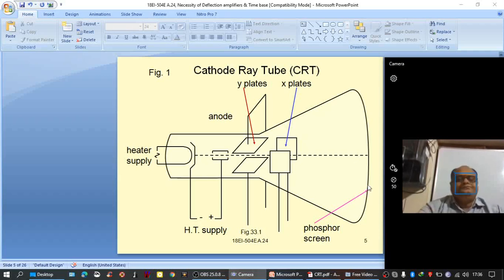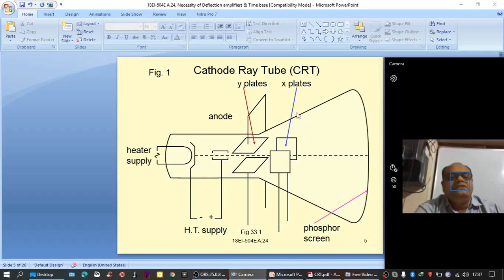That is how we can get a visual display of the applied input signal using deflection amplifiers and time base. Suppose the time base is not there, then the electron beam continuously keeps on moving in the vertical direction, and we can see the luminous spot moving only up and down.